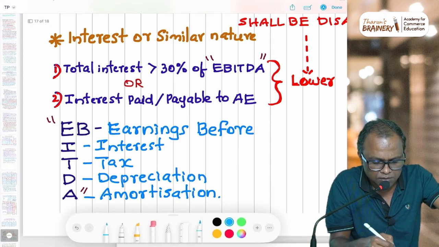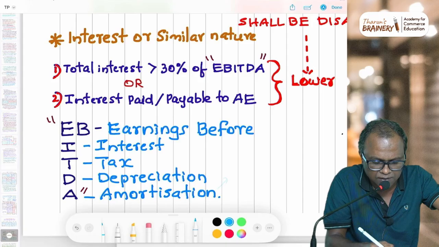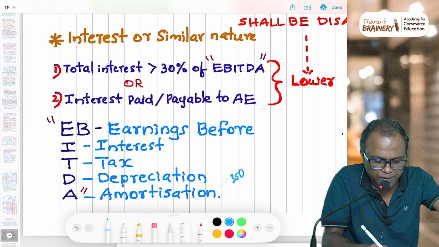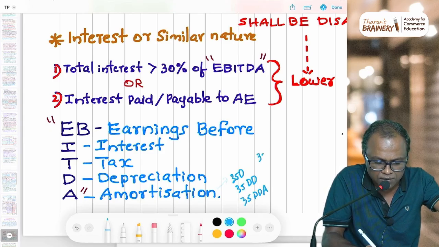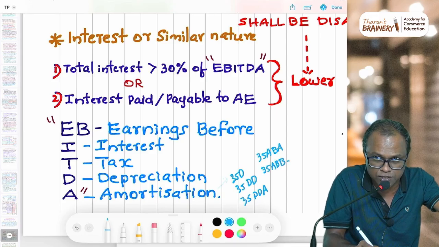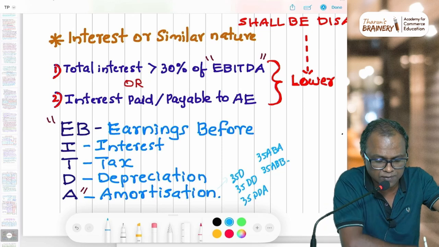One such amortization is section 35D, amortization of preliminary expenses, and section 35DD, amortization of amalgamation expenditure. 35DDA, amortization of VRS compensation paid, and 35ABA, amortization of telecommunication license fees paid. 35ABB, spectrum license fees paid. So these are the amortizations.